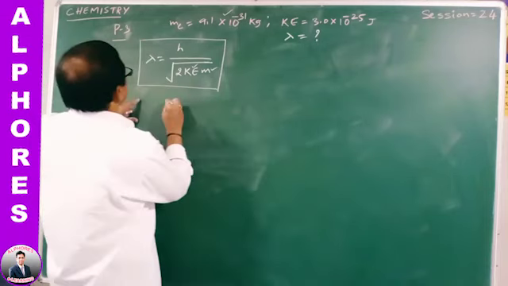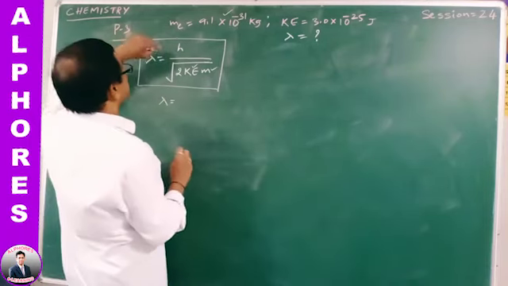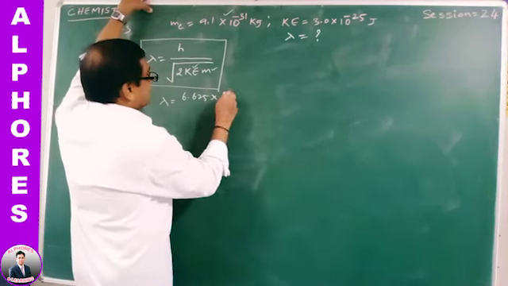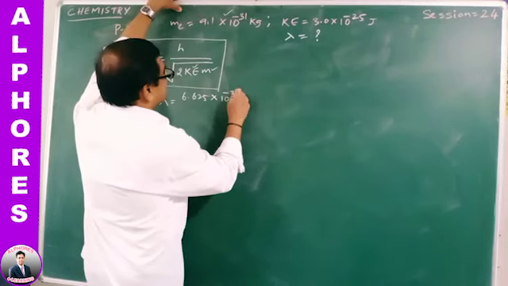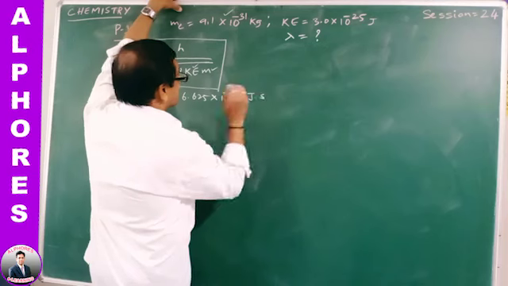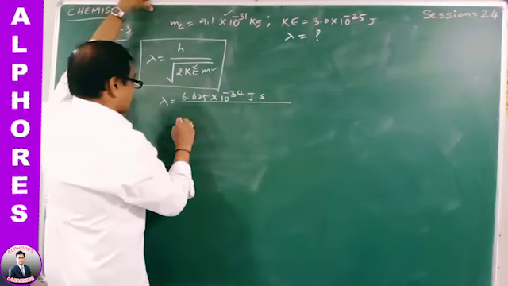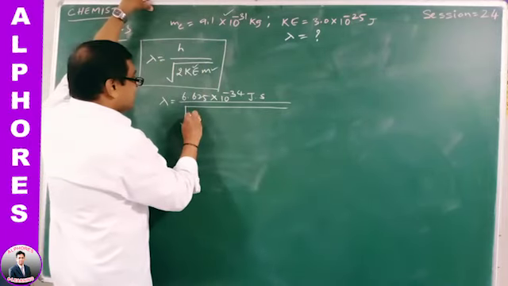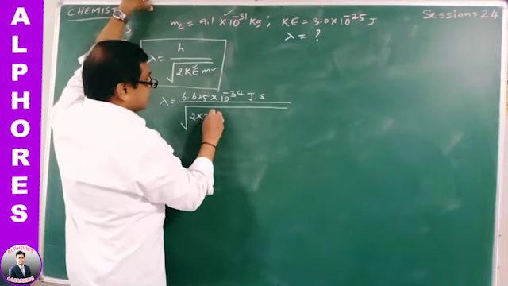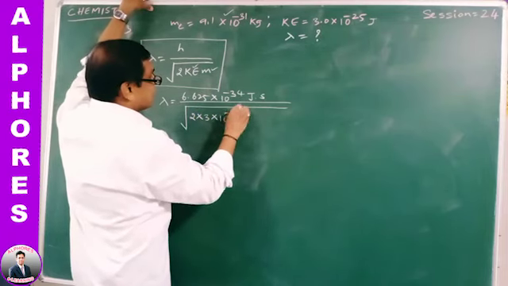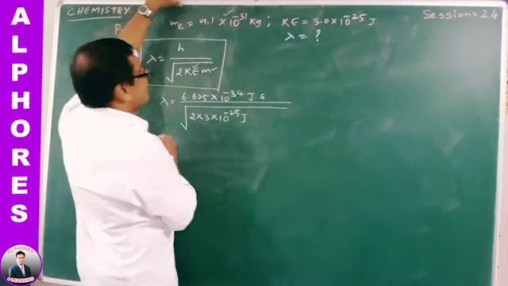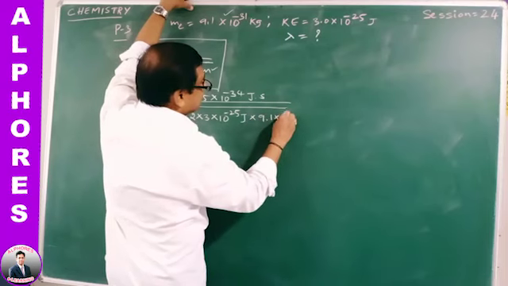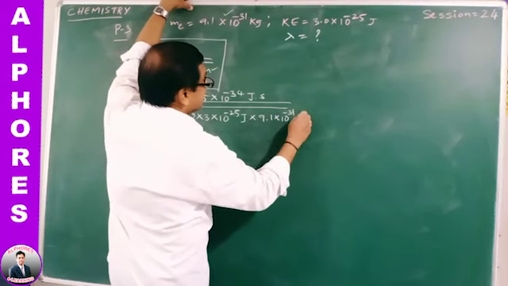So lambda is equal to Planck's constant value 6.625 into 10 to the power minus 34 joule seconds by under root 2 into kinetic energy 3 into 10 to the power minus 25 joules, and mass of the electron 9.1 into 10 to the power minus 31 kg.